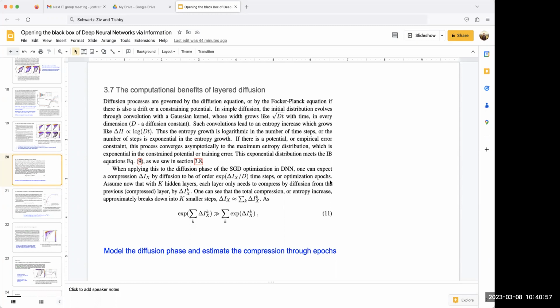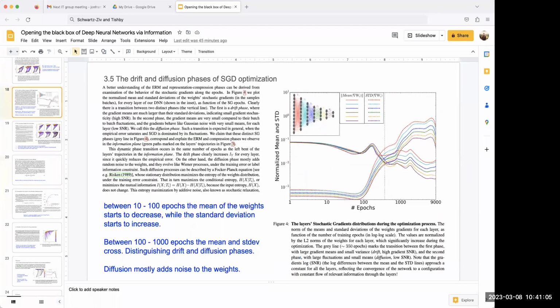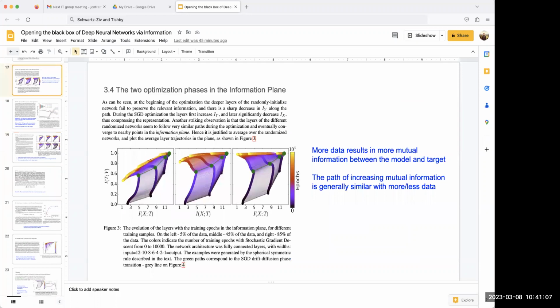Yeah, I think it would probably be a good idea to reproduce this and try to include the loss in this information plane landscape somehow.